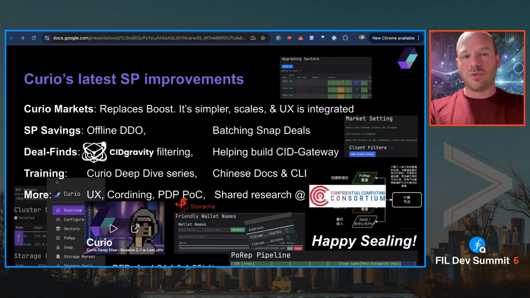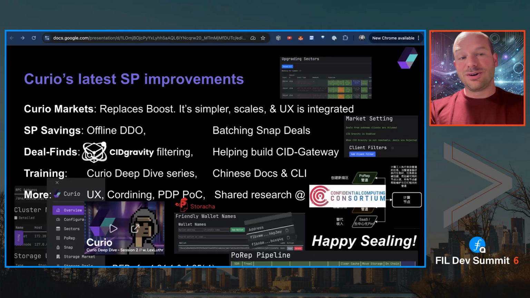We're also working closely with them on an ongoing basis for a technology called CID Gravity Gateway. Well, the name is in flux. The idea is to bring a bunch of larger data sets to Filecoin more quickly, and this tool will be able to help us there.